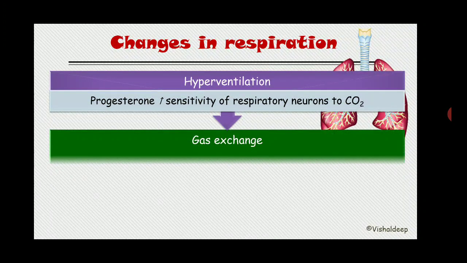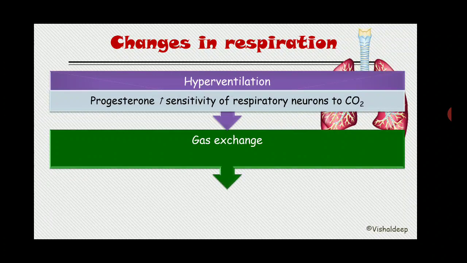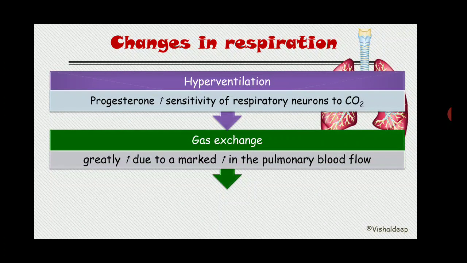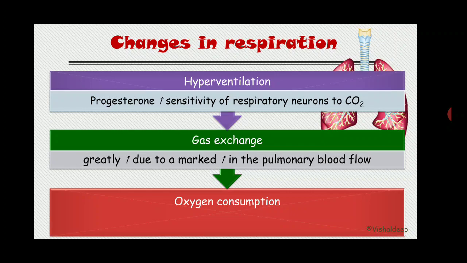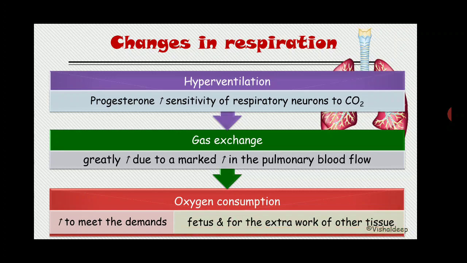So gas exchange is markedly increased, along with pulmonary blood flow. As far as oxygen consumption is concerned, it will also increase to meet the demand. The increased demand is basically for the fetus and the extra work of the other tissues.